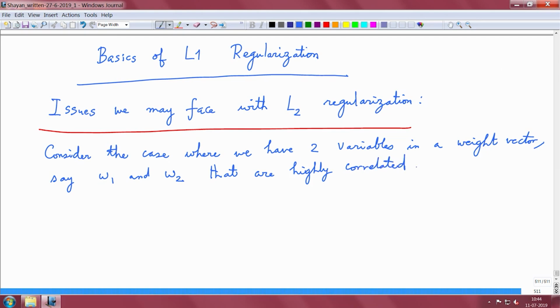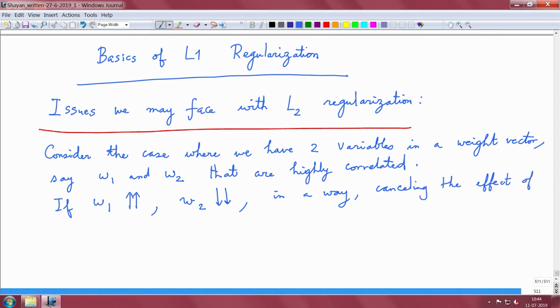So, if W1 becomes larger, then W2 becomes much smaller, in a way cancelling the effect of W1, right.